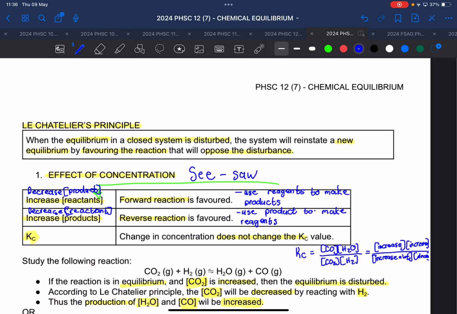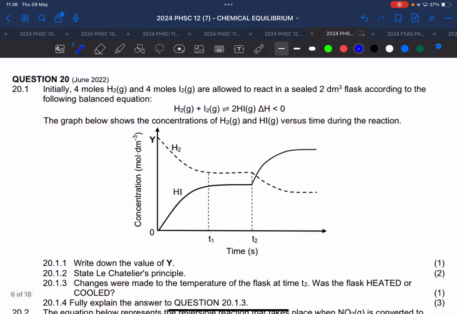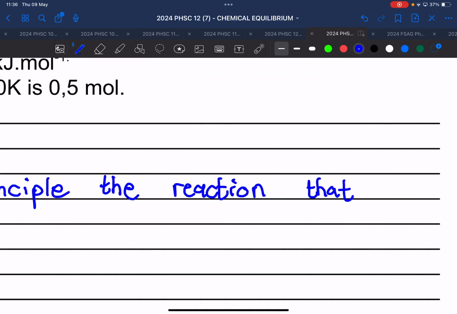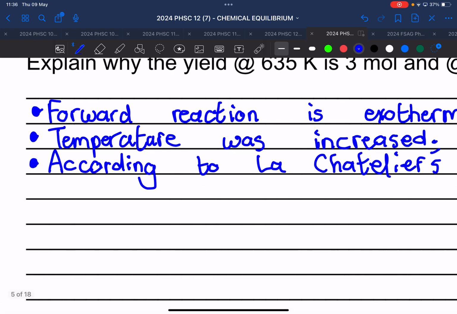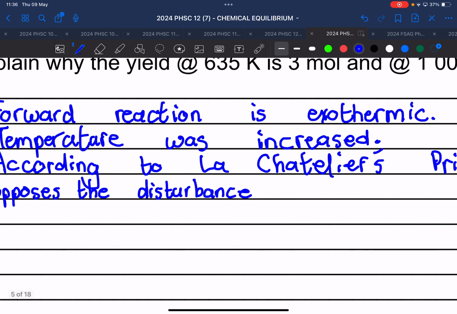The reaction that opposes the disturbance will be favored.